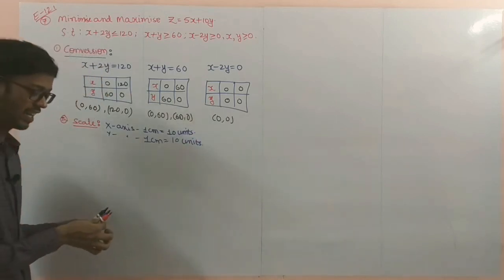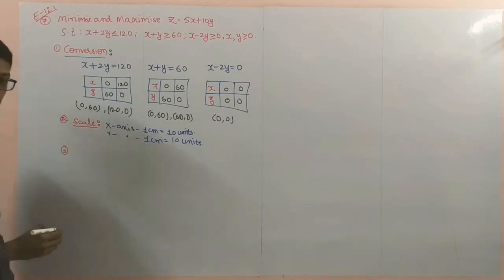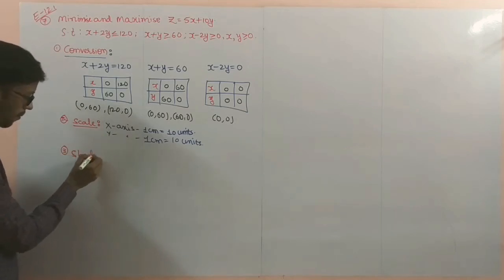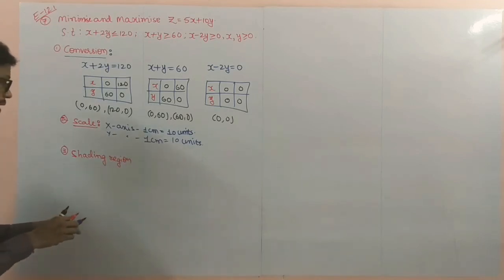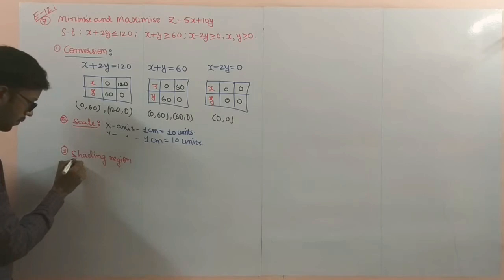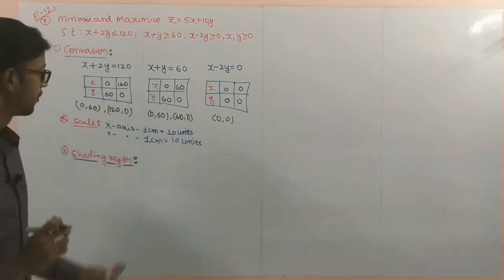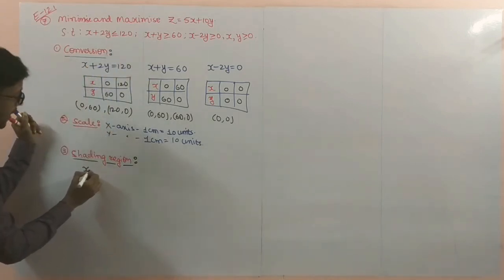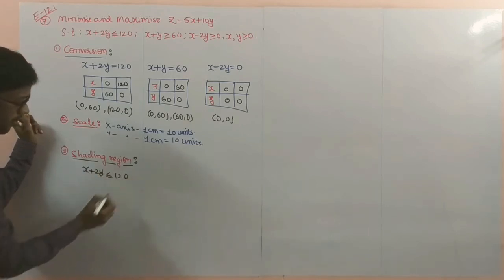Next is the shading region. Shading region we have to find here. So now take the first inequality, x plus 2y is less than or equal to 120.